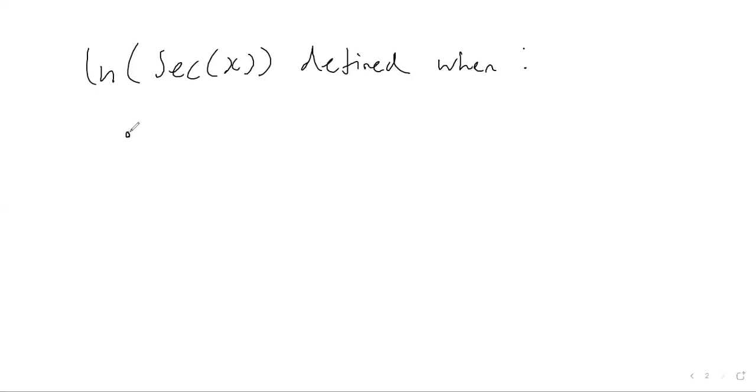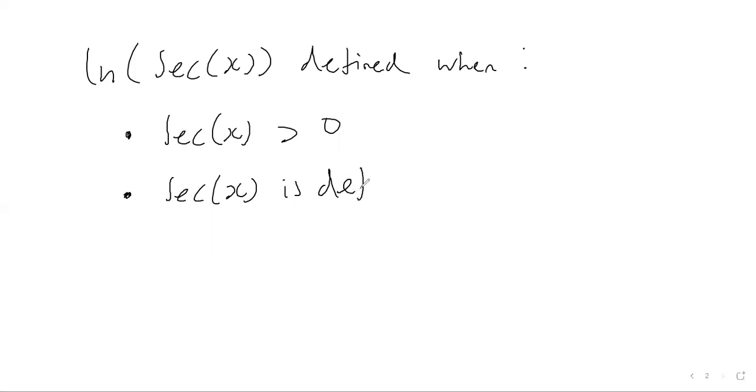We also need sec of x to be defined itself. And when is sec of x defined? Well, this is defined when cos of x does not equal 0. Because if cos of x equals 0, then sec of x is 1 divided by 0, which is undefined.